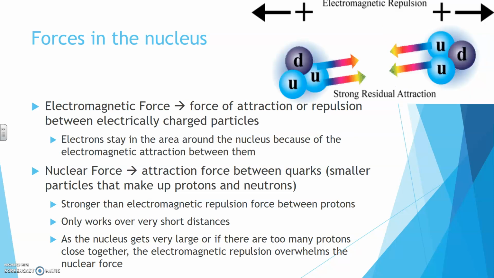So there's all of this balance going on here. You have the positive charges of the two different protons trying to force each other apart, but then you have your nuclear force, which is pulling them back together. And as long as you keep that electromagnetic force as low as it can be, then you're good. You can hold that nucleus together.